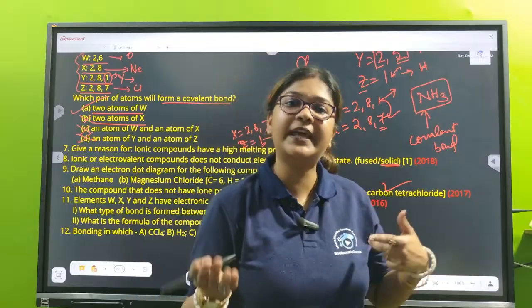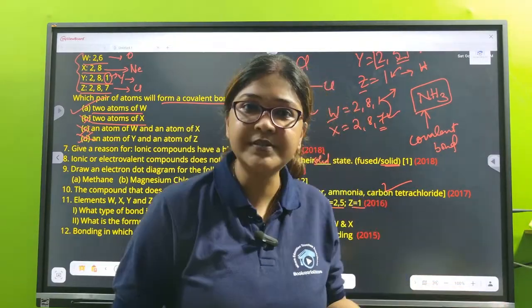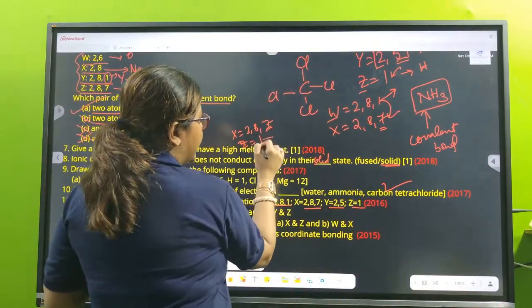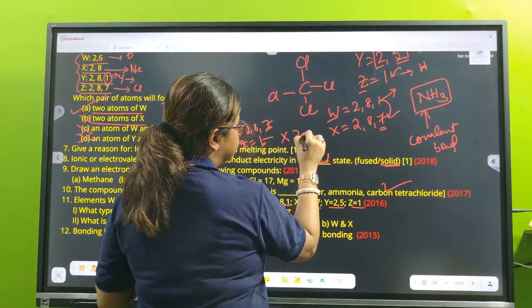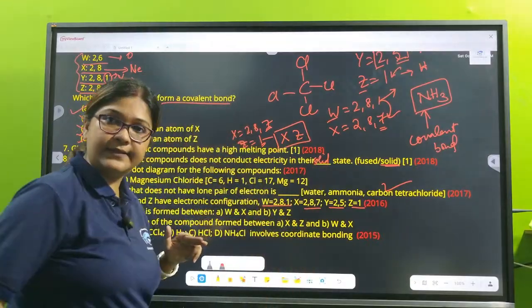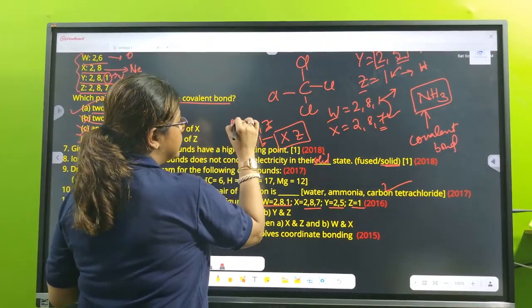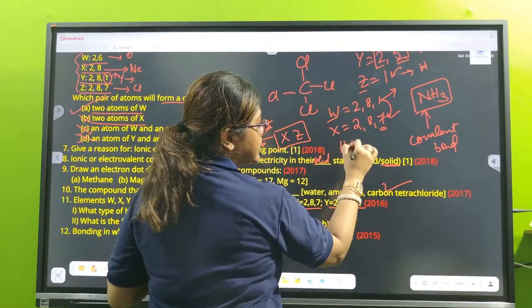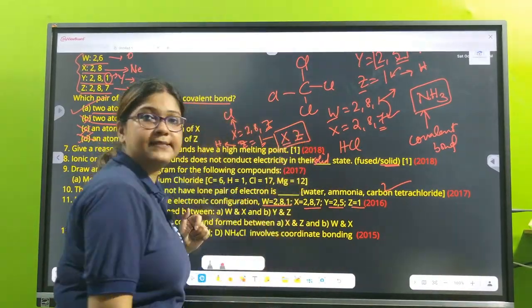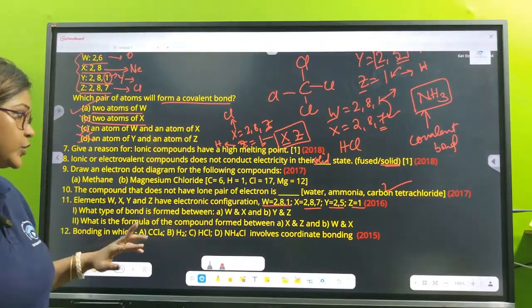That means they have to mutually share their electrons. If they mutually share their electron, what will be the formula? XZ. This is chlorine, this is hydrogen, and you have HCl. So XZ is the chemical formula.